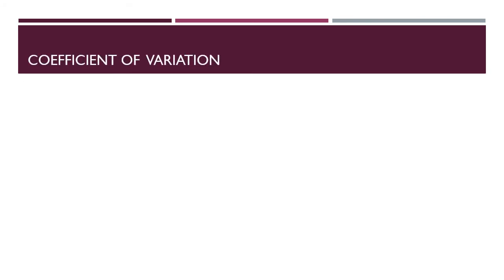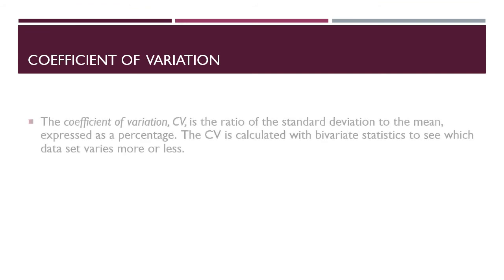The coefficient of variation is another measure of dispersion, and this one we use with bivariate statistics when we have two sets of data. The coefficient of variation, abbreviated as CV, is the ratio of the standard deviation to the mean expressed as a percentage.